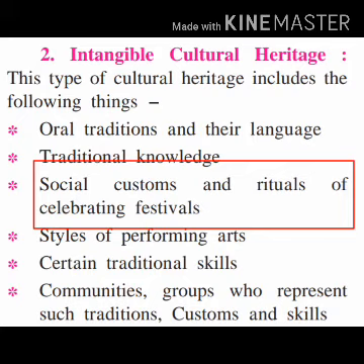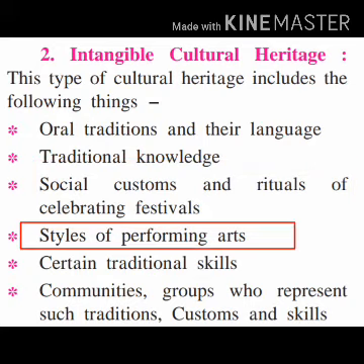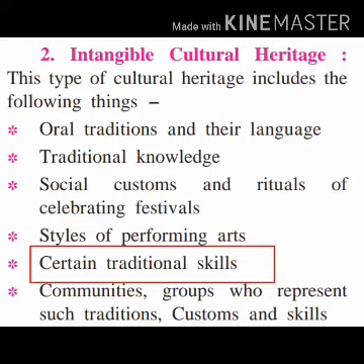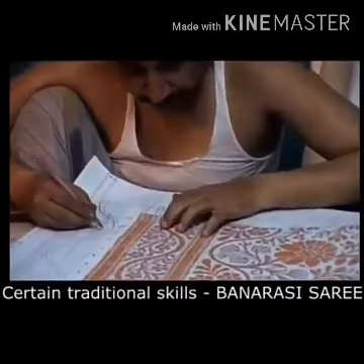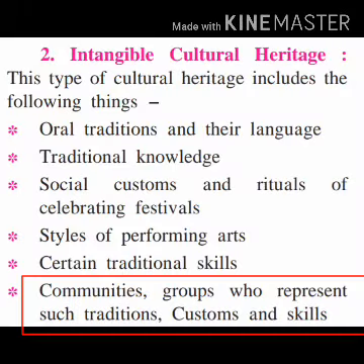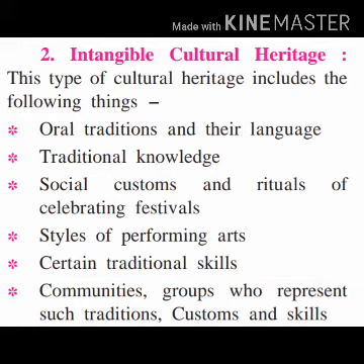During Diwali, people light the lamp. So lighting of lamp is a ritual. Styles of performing art, that is dance, singing song, theatre act. Traditional skills. For example, traditional way of weaving Banarsi sari. Then communities, groups who represent such traditions, customs and skills are all intangible cultural heritage.